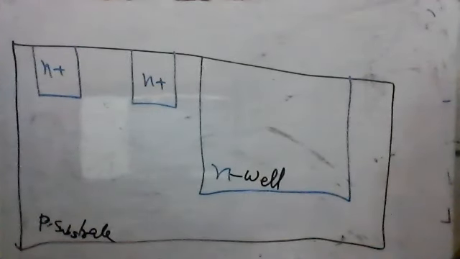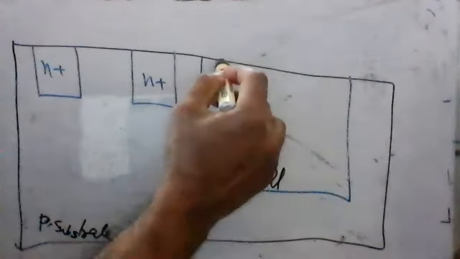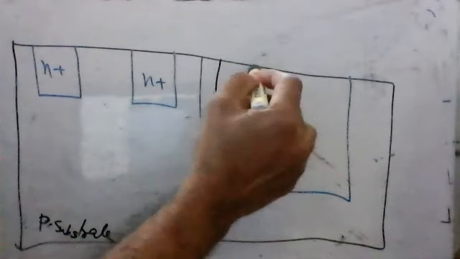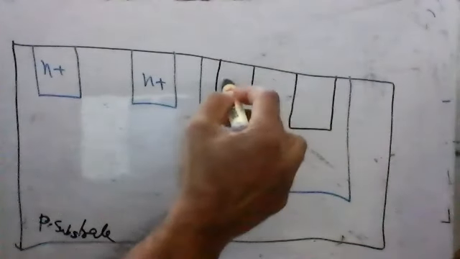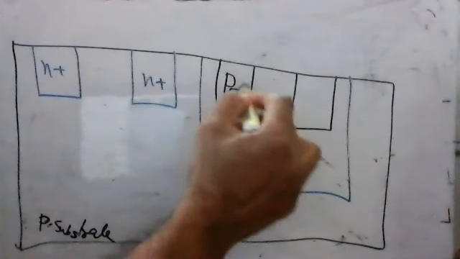And inside the N-well, we make two P plus regions. Here we apply boron and it turns into P plus.